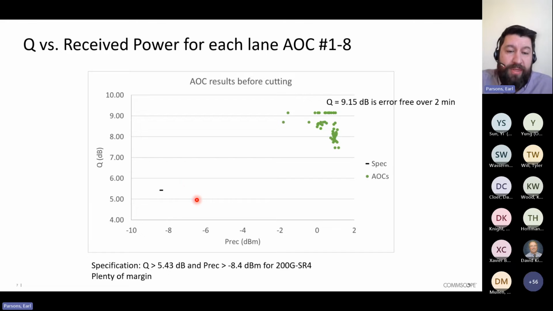So we have to have more than minus 8.4 dBm for received power and a Q higher than 5.4 dB. And all the results are well above that. We've got quite a bit of margin with these transceivers, these AOCs. And again, these values above 9 dB of Q mean that we didn't have any errors in the 2-minute window.